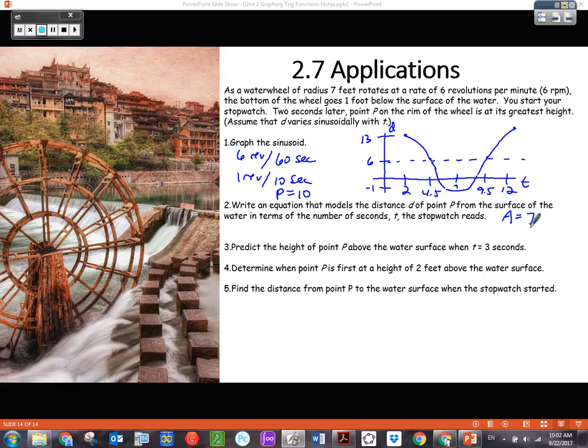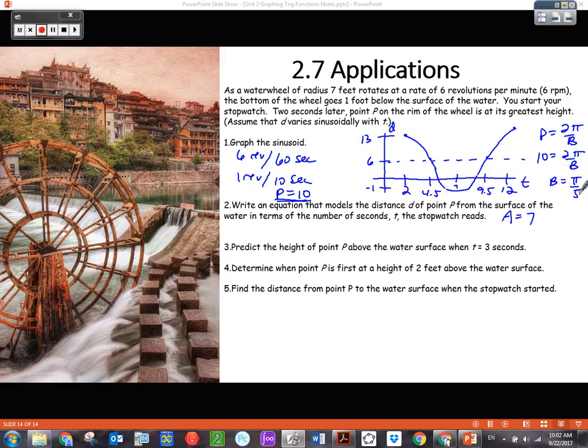Our period is 10. We know our formula is the period equals 2 pi over B. That's our formula that we have memorized. And so we're going to put a 10 in for the P and solve for B. Okay? And our B value is pi over 5.